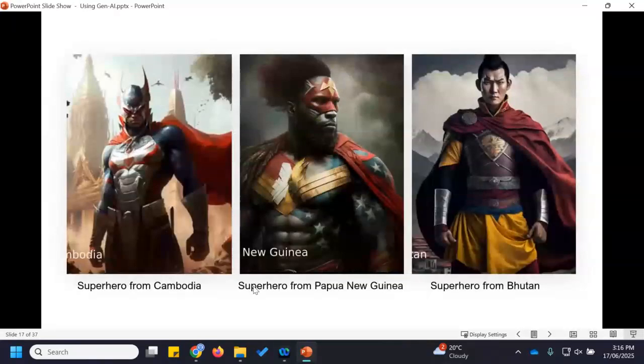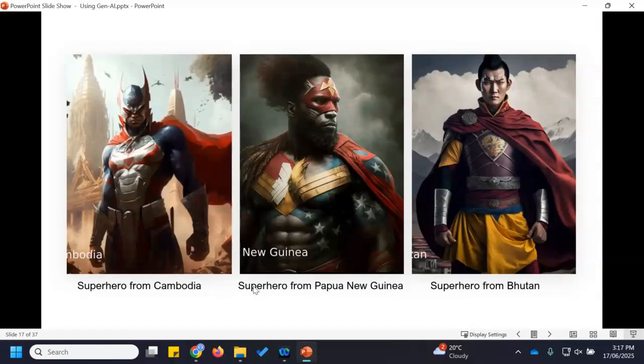So again, we asked for a superhero from each of these countries. A superhero from Cambodia, a superhero from Papua New Guinea, and a superhero from Bhutan. Does anyone notice anything wrong with these? Not common, as in it wouldn't have a lot of, yeah, they're unknown.